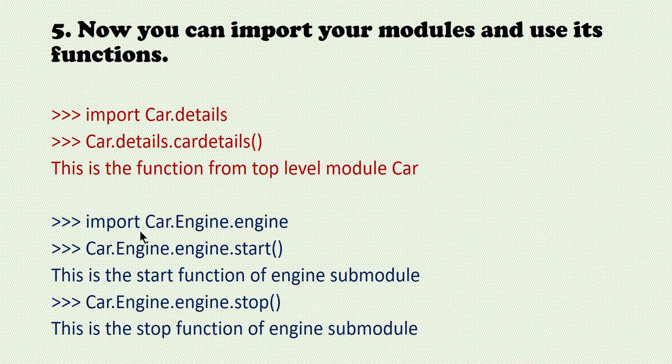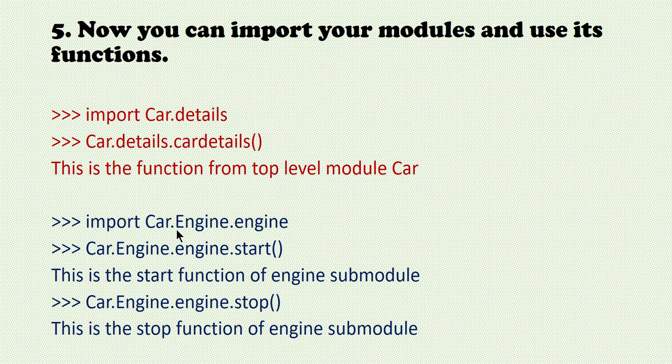Now look at the next example. Import car.engine. Do you remember? Engine is a subfolder that we created inside car, so it can be referred to with the dot notation, car.engine. What is engine? This is a Python file that I have written.